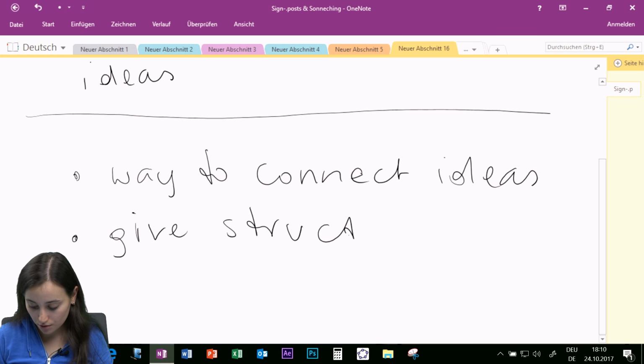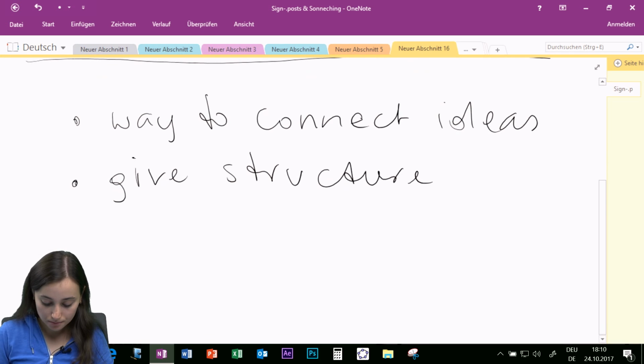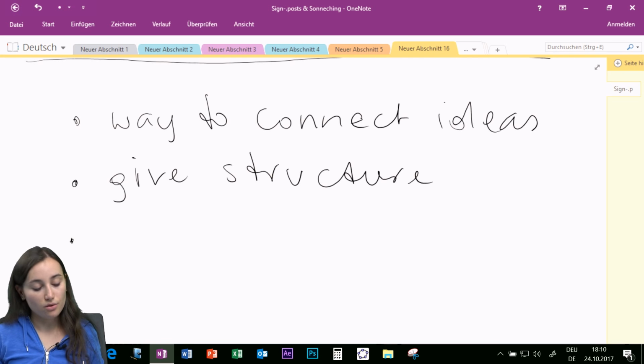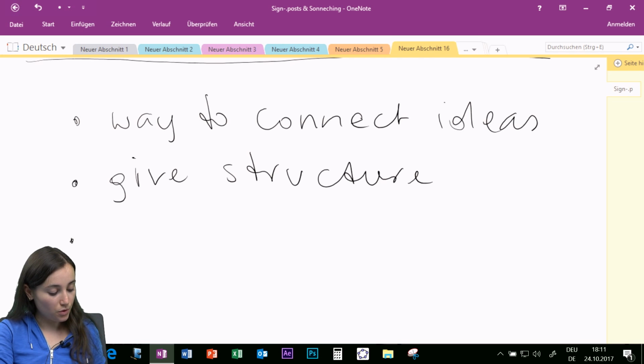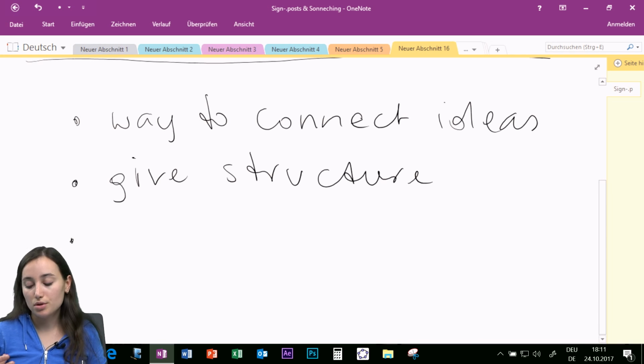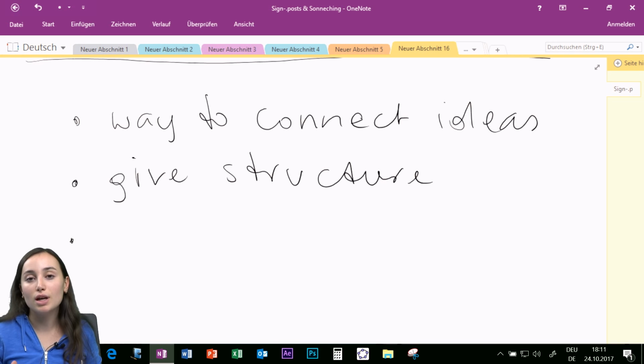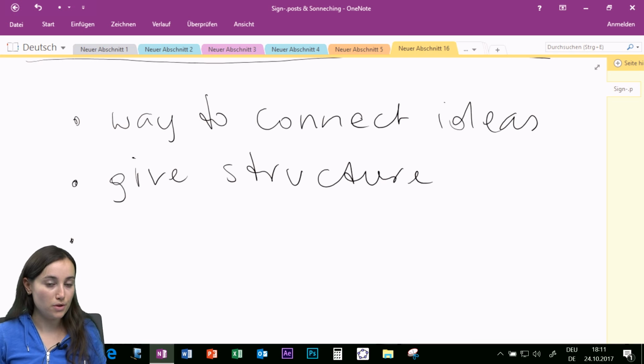There are different categories of signposts, and I would like to go through them with you, because I think it's important to have some kind of basis of maybe 3 or 5 signposts of each category, and if you just vary them a little, I think you're off to something good.